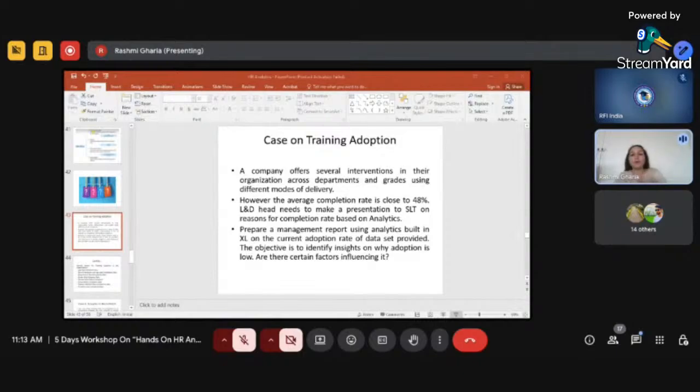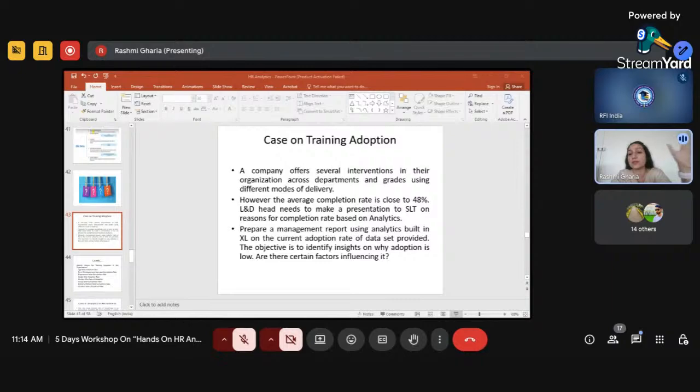So a company offers several interventions in their organization across various departments and different grades of employees. They have used different modes of delivery to deliver the training program. However, after the training program, they found that the average completion rate, or we can say the adoption rate, is close to 48%.